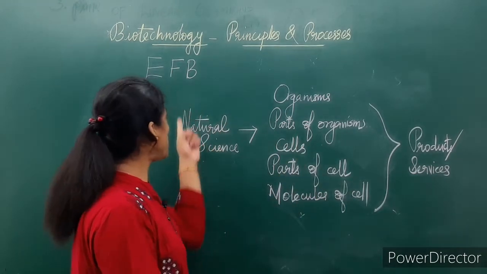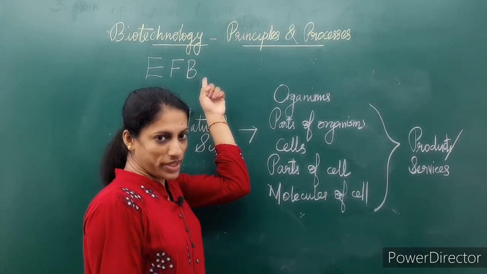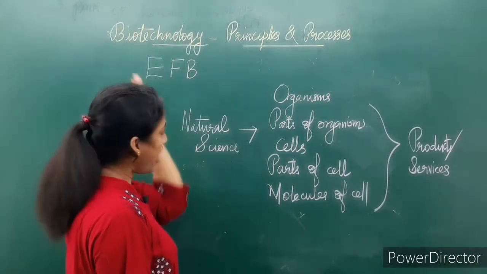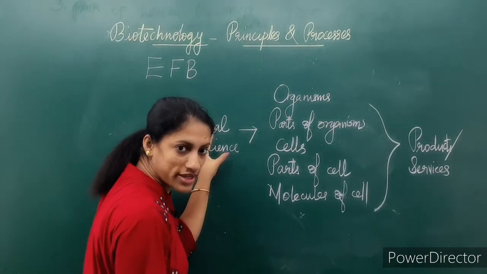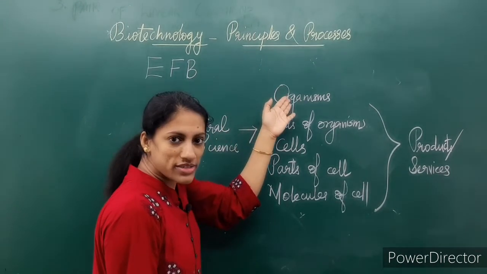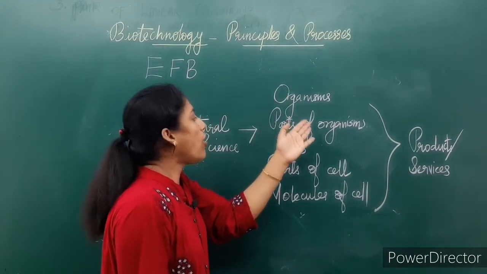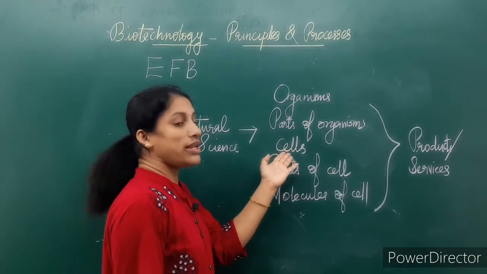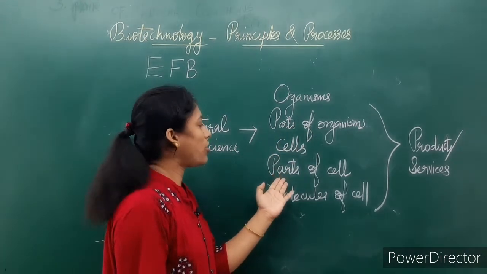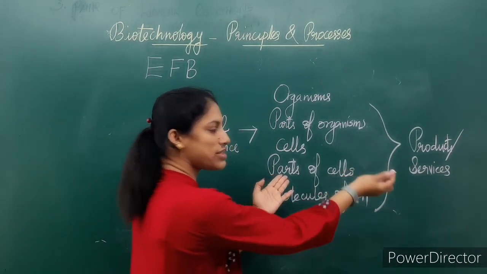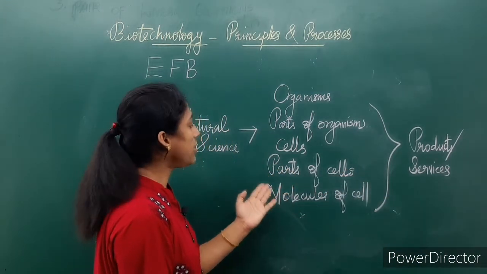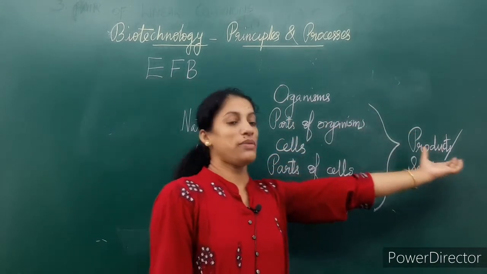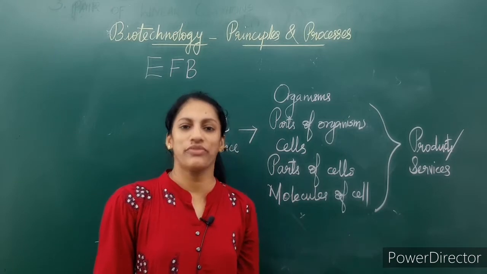The European Federation of Biotechnology, EFB, has defined biotechnology as an integration of natural science with organisms, living organisms as such, or parts of organisms, some of the body parts of the organisms, then the cells of the organisms or the parts of their cells, the cell organelles or any part of their cells, then the molecules of the cells, in order to obtain products or to get some services.